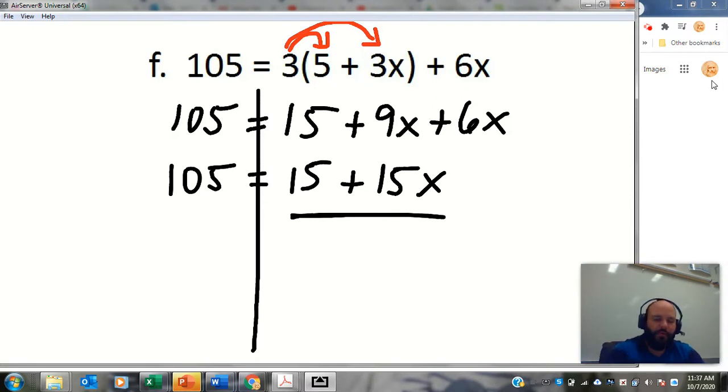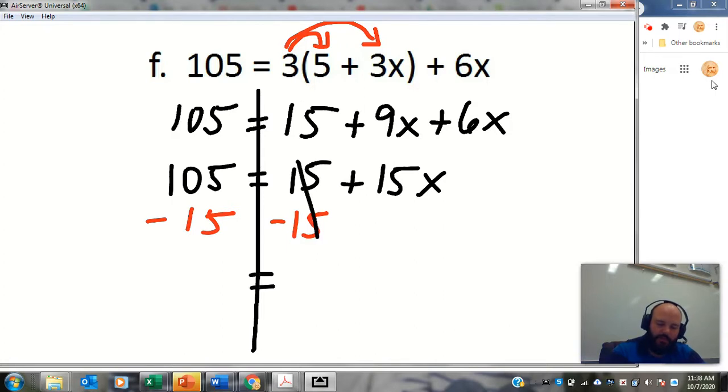So now we can go ahead and proceed to solve for x. Everything's simplified on the left. Everything is simplified on the right. And the way that we're going to do that, as always with these two-step equations, we always add or subtract first. So I'm subtracting 15 from both sides, which cancels that 15. We still have our 15x right here. 105 minus 15 is 90.